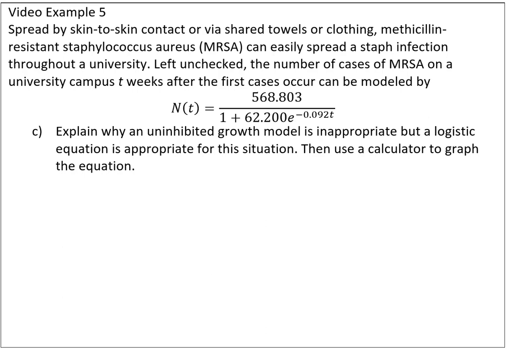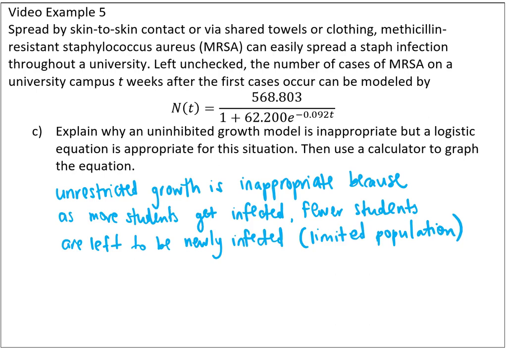There's a limited number of cases that can actually happen. The logistic equation is more appropriate for the situation because there will be a sharp rise in how many students get it in the beginning, and then it'll taper off as more students are infected. And so you have that limited growth.